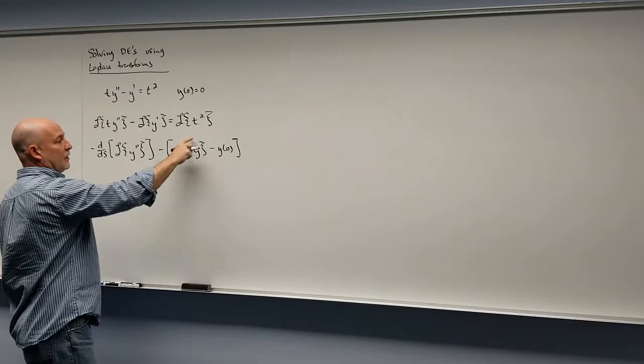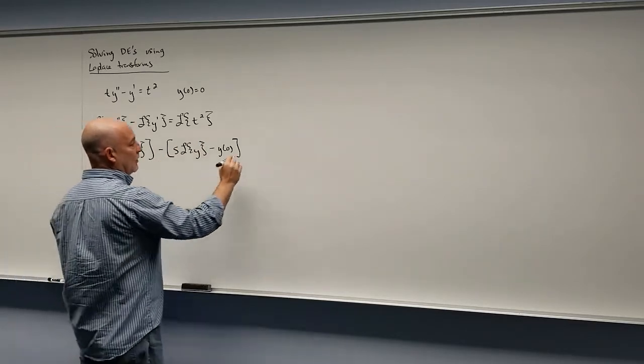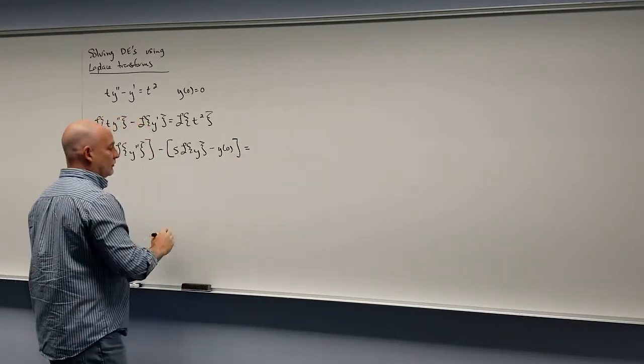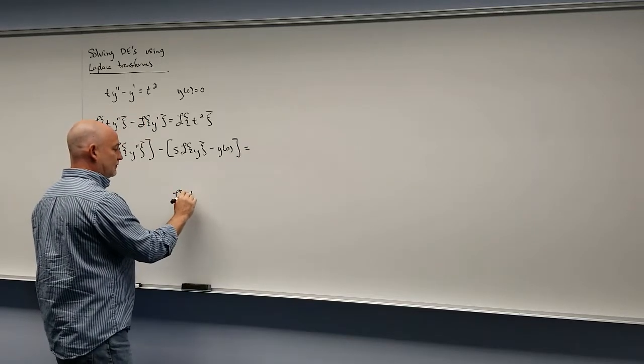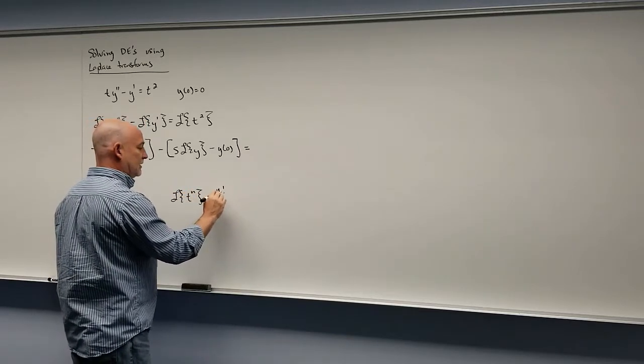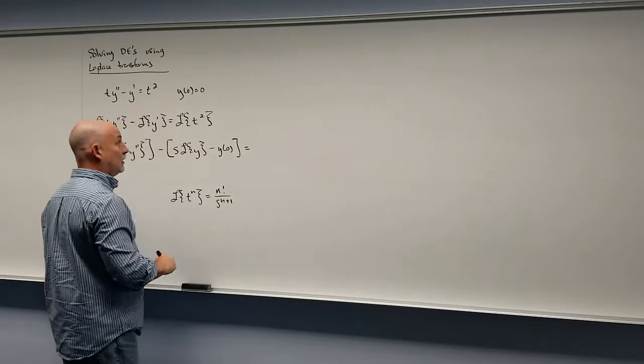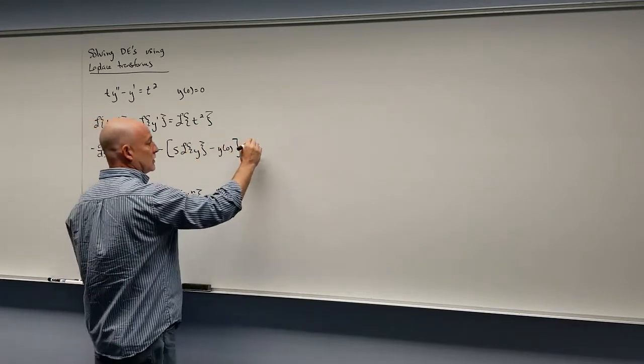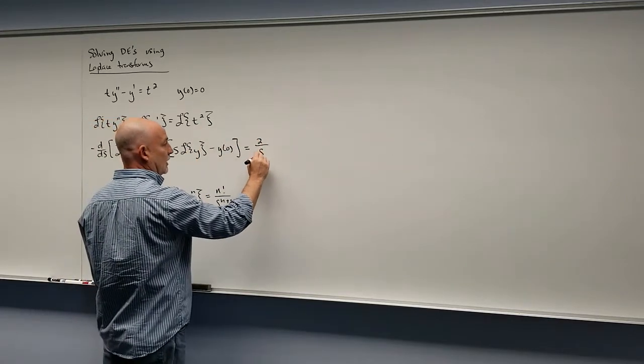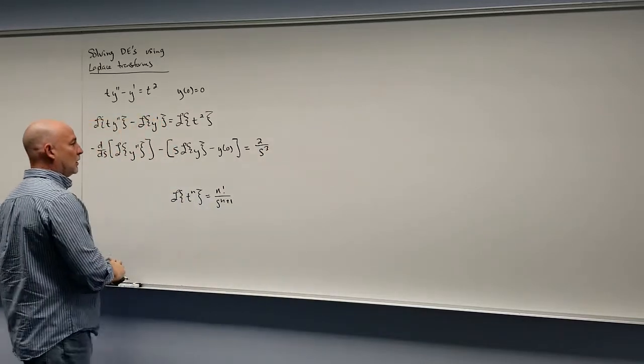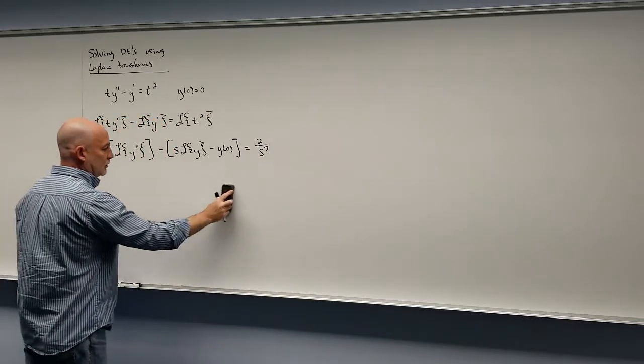And of course, on the other side, we need to do the Laplace transform of t squared. So remember, the Laplace transform of t to the n is n factorial over s to the n plus 1. So our n is 2, so it's 2 factorial over s cubed. All right, so we've got a lot more work to do here.